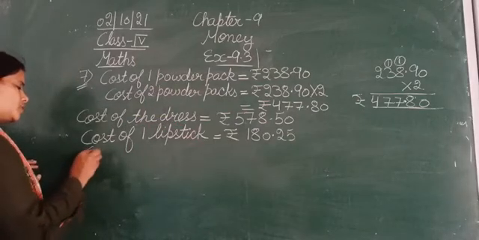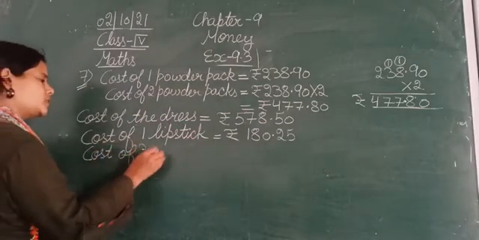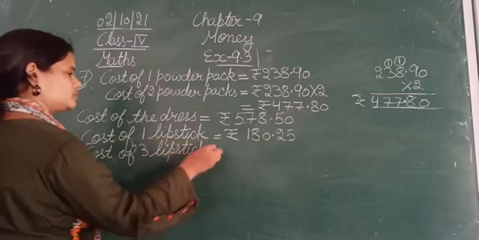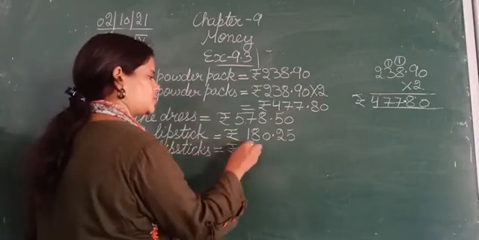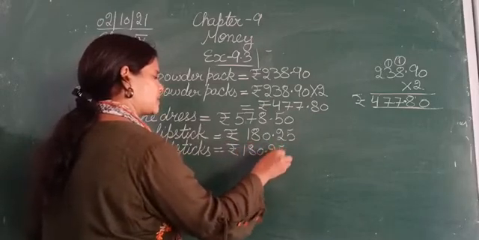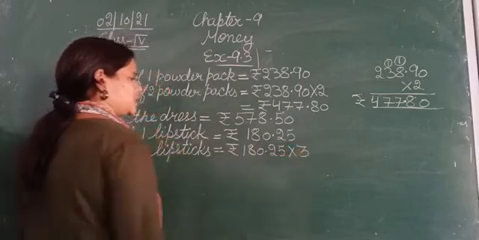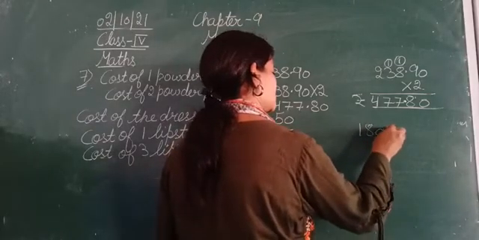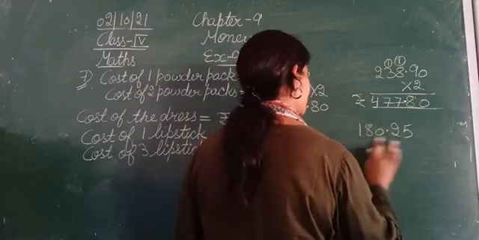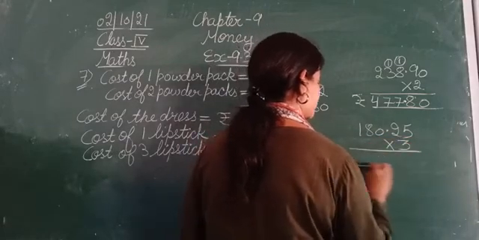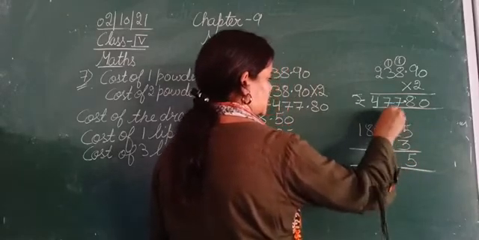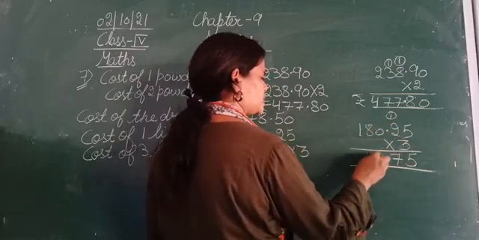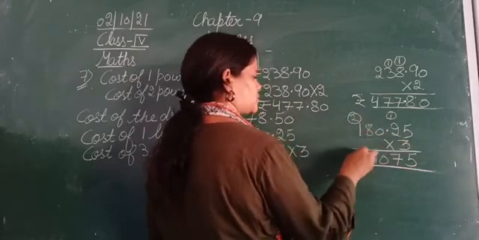We need to find the cost of 3 lipsticks, that is 180 rupees 25 paisa multiplied by 3. 3 fives are 15. 3 twos are 6 plus 1, 7. 3 zeros are 0. 3 eights are 24. 3 ones are 3 plus 2, 5.